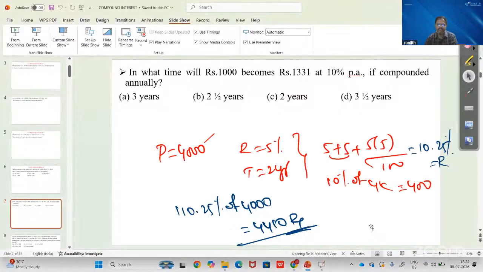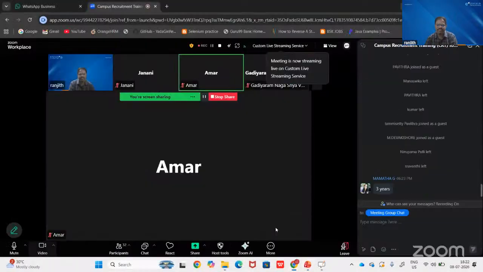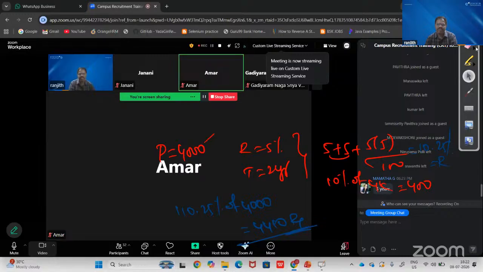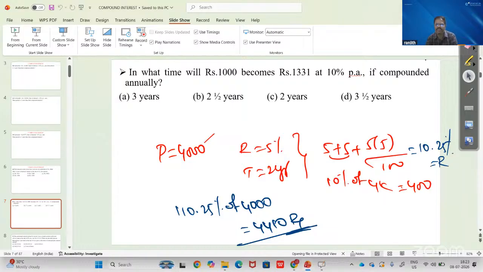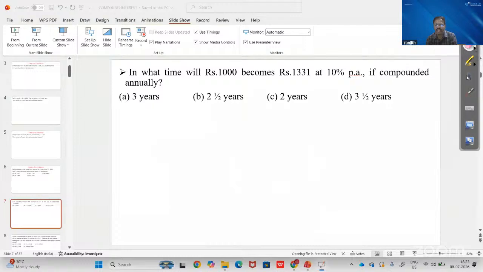In what time will 1,000 rupees become 1,331 at 10 percentage per annum if compounded annually? 3 years. So we discussed this already. What we discussed, where rate of interest is 10: first year equals 10, second year equals 21, third year equals 33.1.